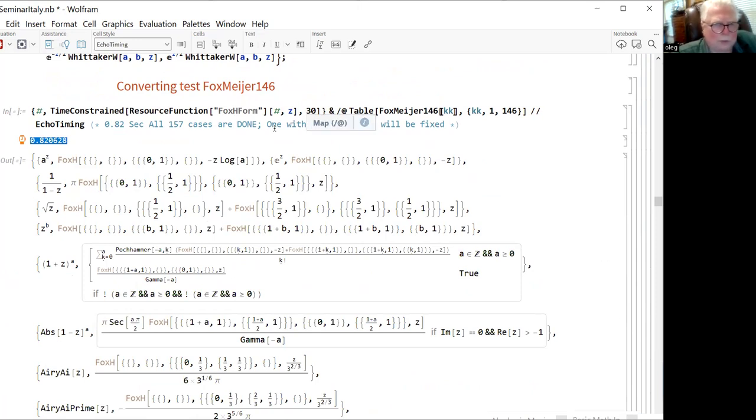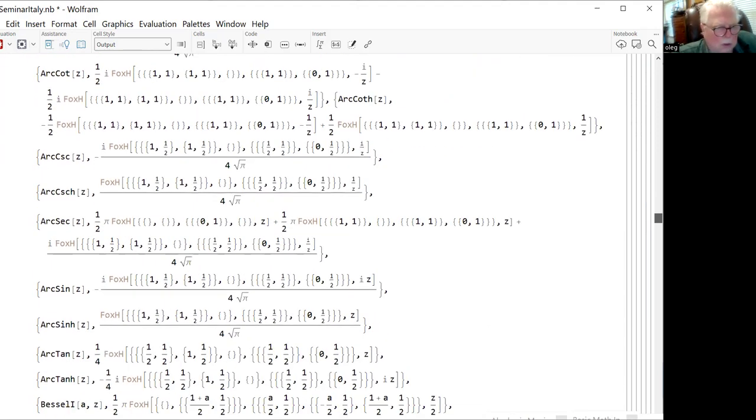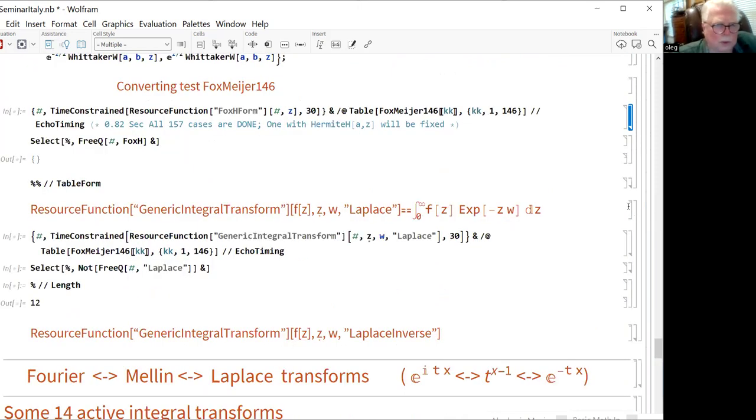One I will fix. And this table, for example, absolute value produces such a Fox representation. You can do it yourself after my lecture, and you can then verify the table form.